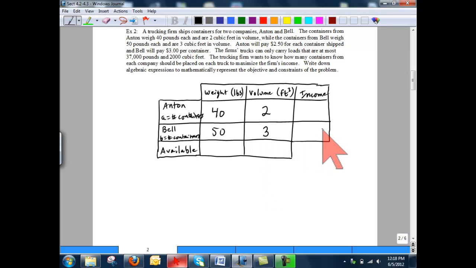Anton will pay $2.50 for each container shipped. So in other words, our income from shipping an Anton container is $2.5. And Bell will pay $3 per container shipped. The firm's trucks can only carry up to 37,000 pounds and up to 2,000 cubic feet.